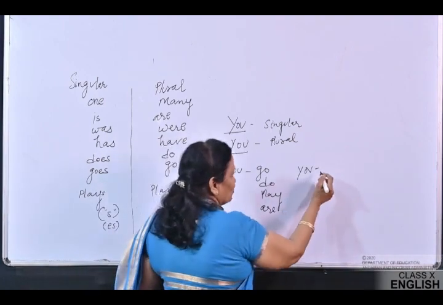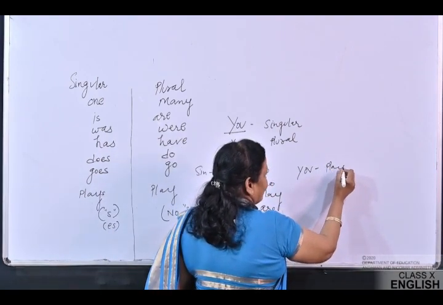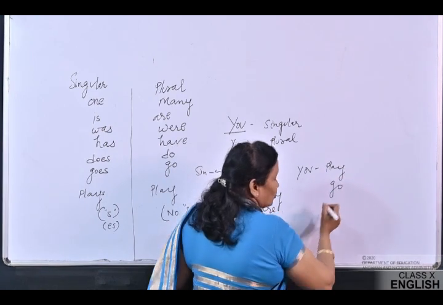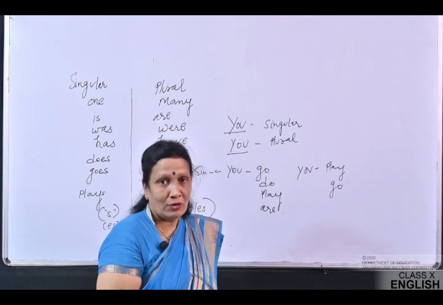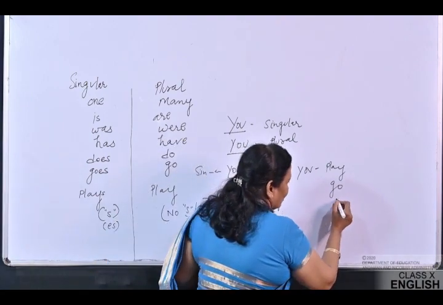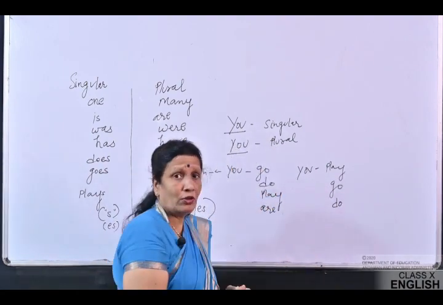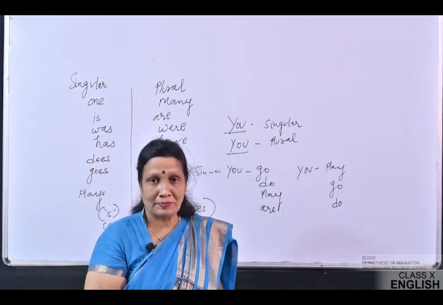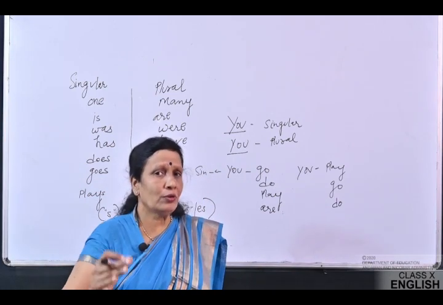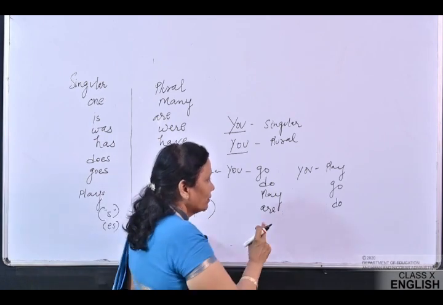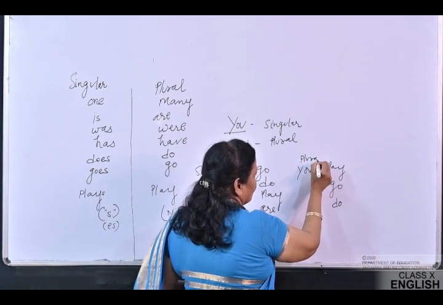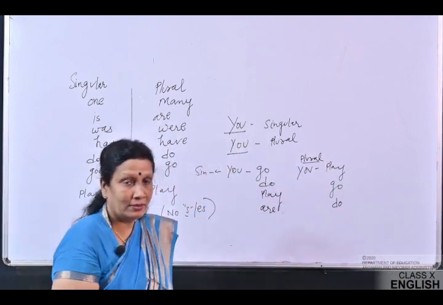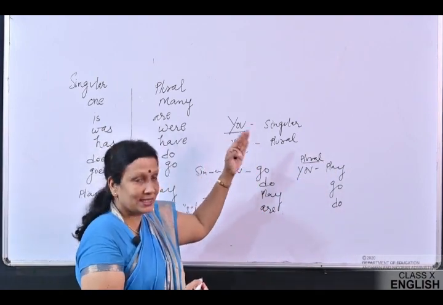Again we use, do you go to the park regularly? Okay, when you all do your homework, or when do you do your homework? So this is for plural. I hope this is clear to you now.